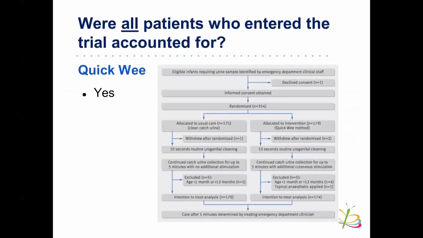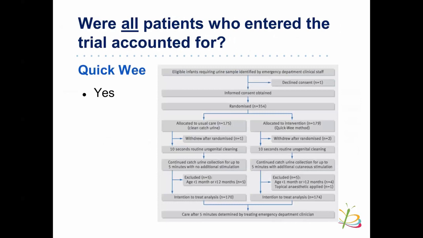Okay. Were all patients who entered the trial accounted for? This is a good chart here. We have one family who declined consent right from the beginning, so they weren't randomized. And then 3 families who withdrew consent because they wanted collection by a different method.